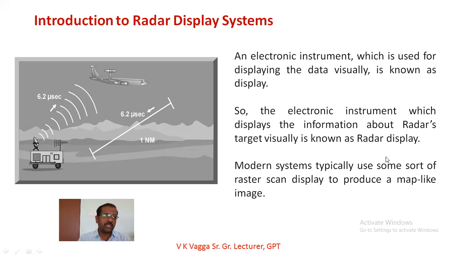It can be represented in terms of numerics, so that you can see the numbers here, and it can also be represented in terms of symbolic representation, so that you can see the microsecond and all that, and it can also be represented in terms of graphical lines, so that you can see the target graphic, the antenna, the target, and the radar, etc. Or it can also be represented in terms of waveforms.